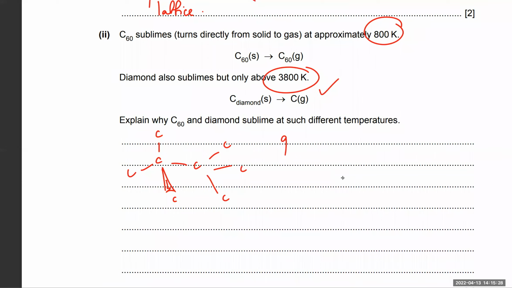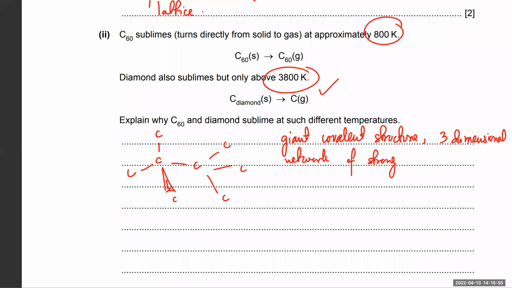It is because it's got a giant covalent structure, and there's a 3-dimensional network of strong covalent bonds. So large amounts of energy are needed to break it.